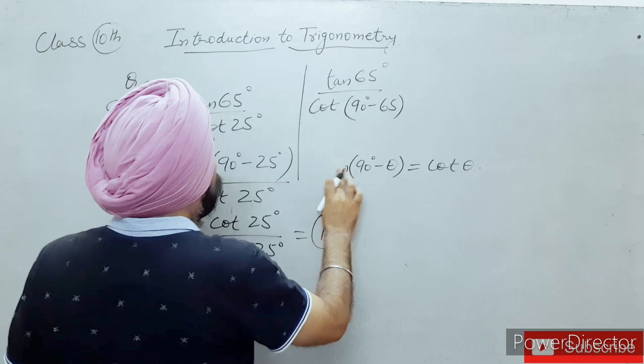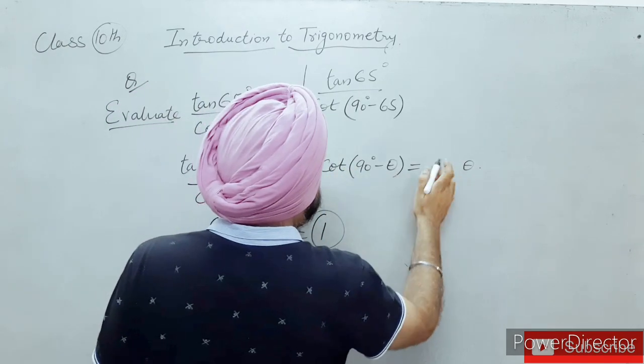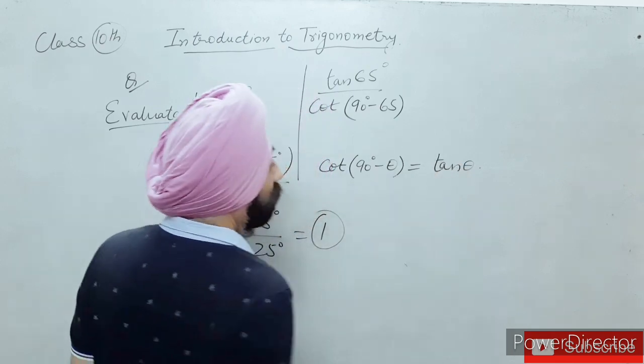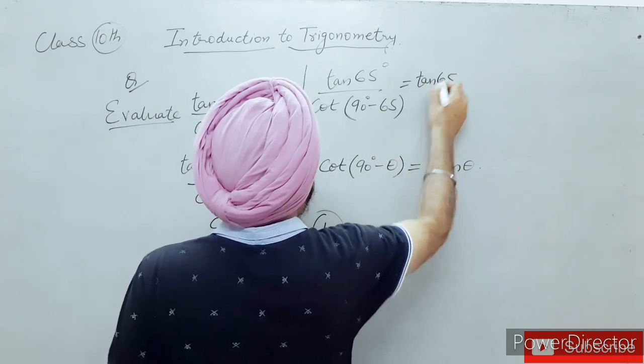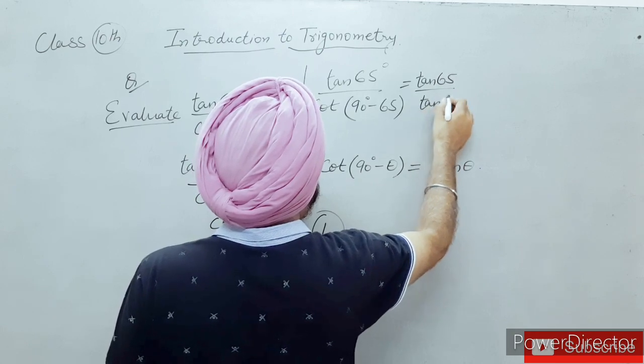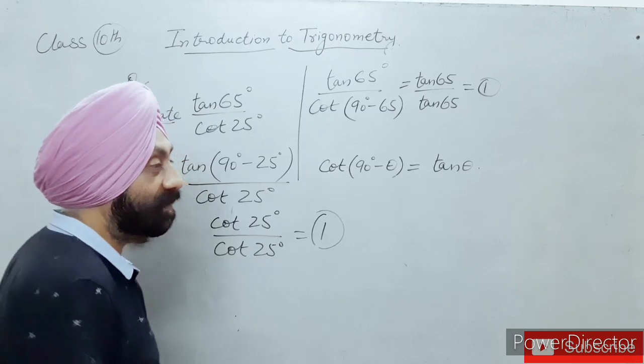Again, what is cot of 90 minus theta? This is tan of theta. What I get is tan 65 upon tan 65. Answer is again 1.